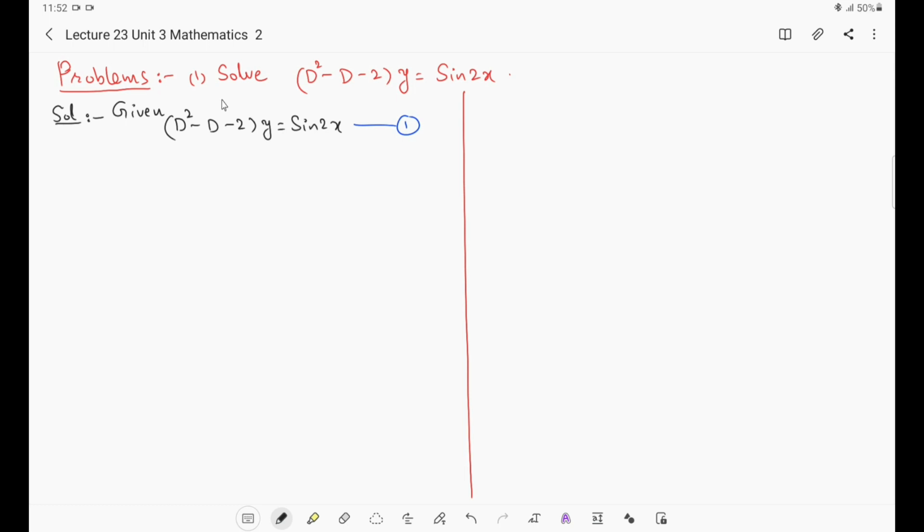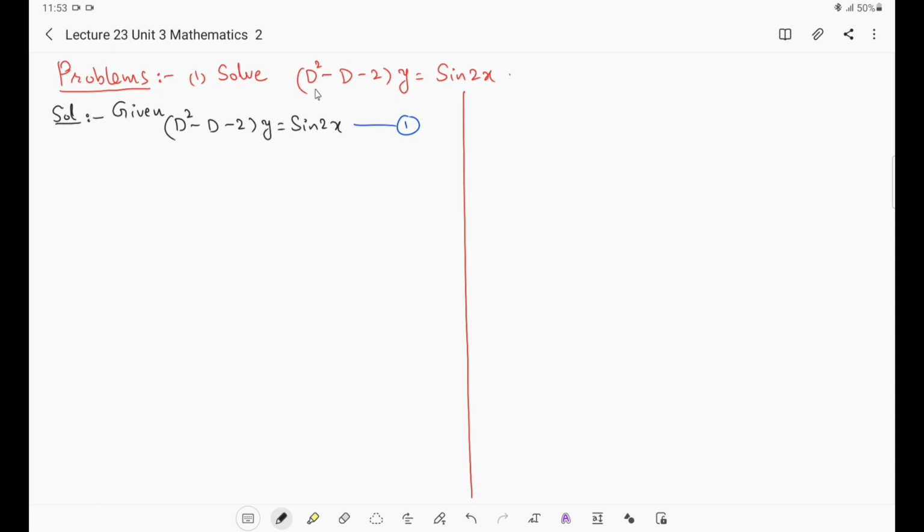The first question is: solve d square minus d minus 2 into y equals sine 2x. So this is the given differential equation of second order. Right hand side sine 2x is given, so it's a non-homogeneous second order differential equation with constant coefficients. Because it's a higher order differential equation, this question belongs to unit 3, not unit 2.